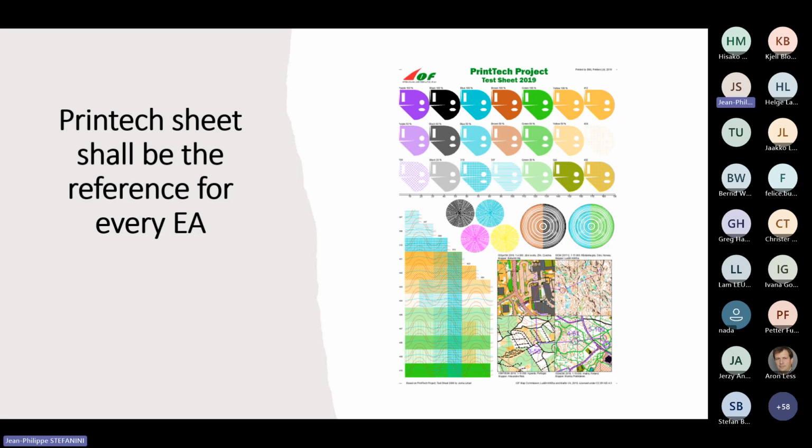I don't know where in each federation, but I'm quite sure that every federation has thousands of printed sheets. I know within the French Federation where it is. So it's clearly the reference for you, and you shall ask your printing company to print a file, and you have to check it and compare it with the one that the IOF has sent to your federation.